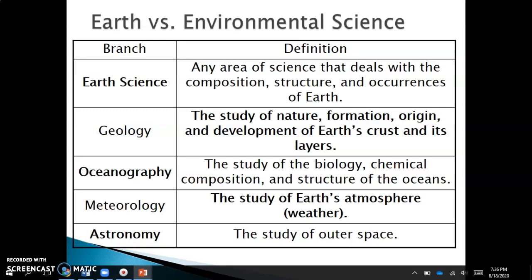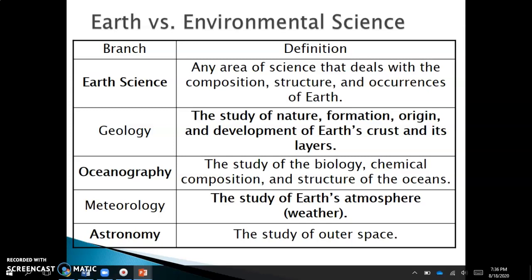Geology, specifically, is the study of nature, formation, origin, and the development of Earth's crust and its layers. So when we talk about geology, we're going to be focusing on rocks and plate tectonics. Oceanography is the study of the biology, the chemical composition, and the structure of the oceans. That one's pretty easy because oceanography, ocean is in the word.